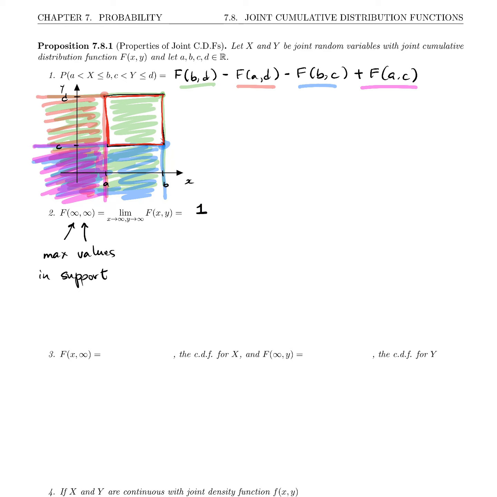To see why, let's remember the definition. F of infinity, infinity would be the probability that X is less than infinity and Y is less than infinity. X is always less than infinity and Y is always less than infinity, or less than or equal to their maximum values. That is always true, and so the probability is 1.